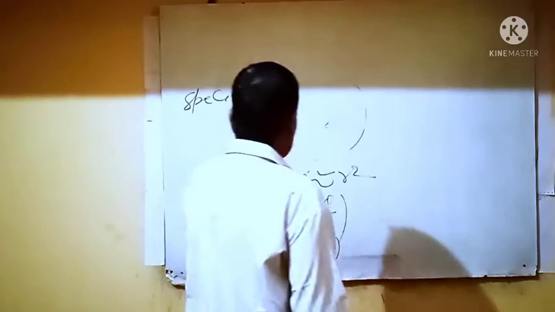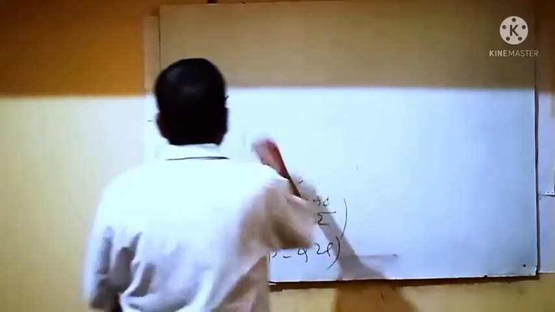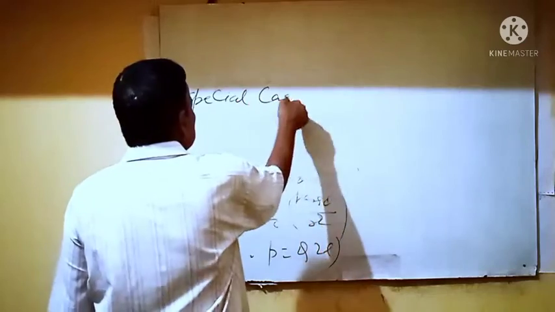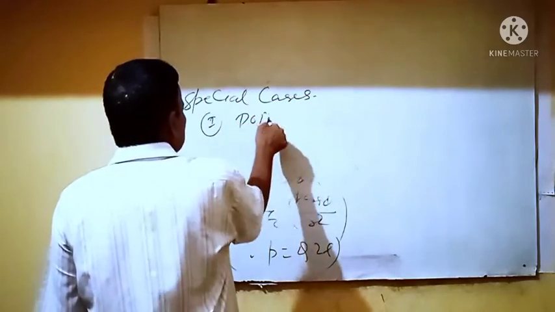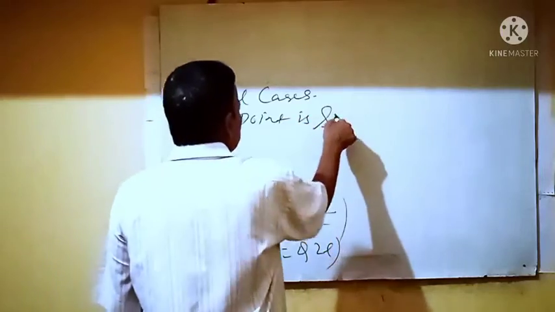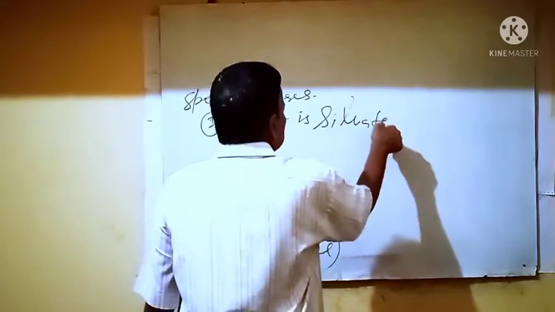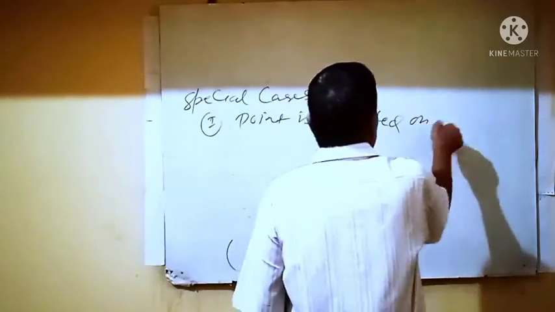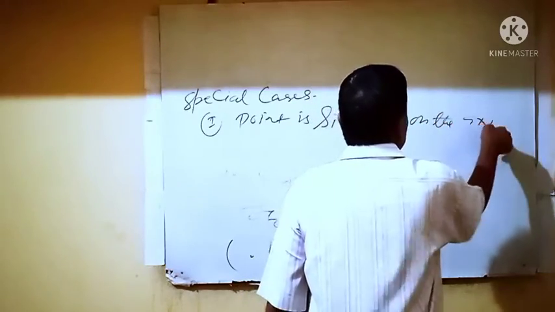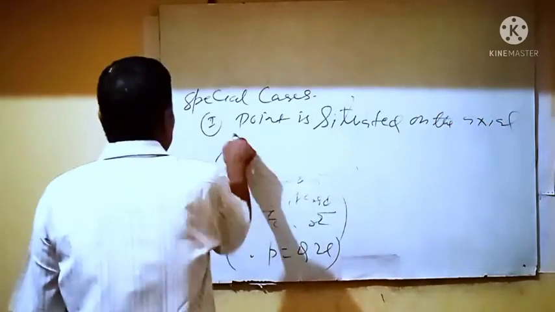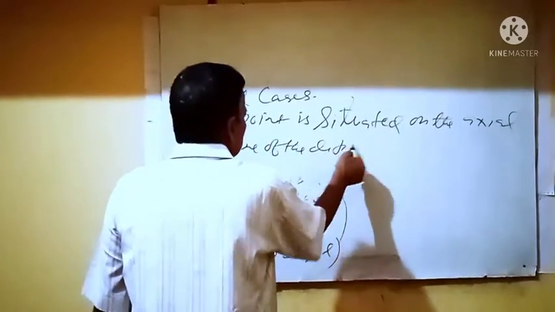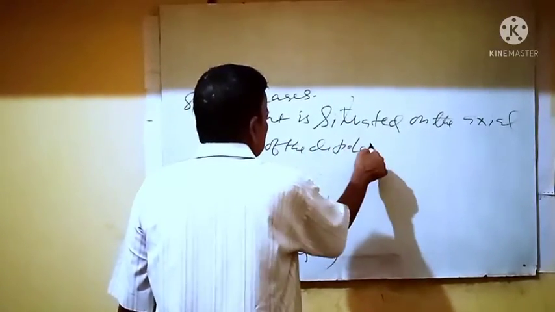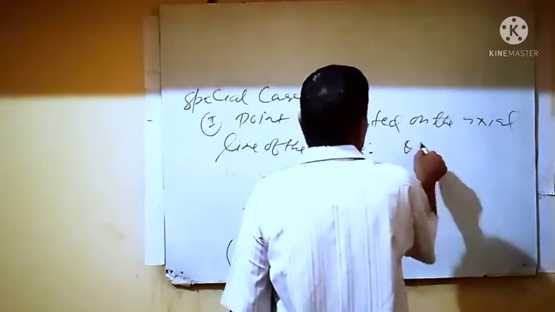Case one: point is situated on the axial line of the dipole, theta is equal to 0 degree.